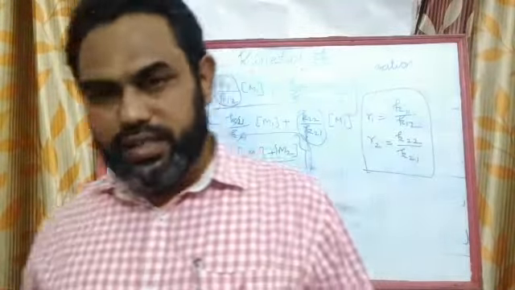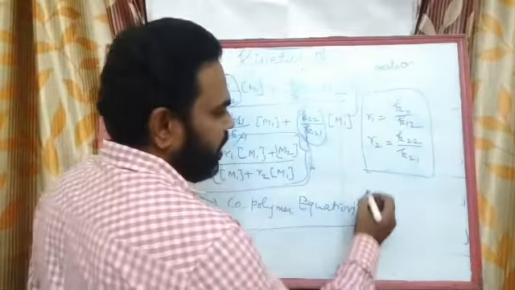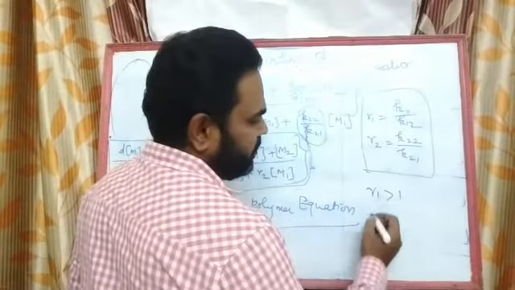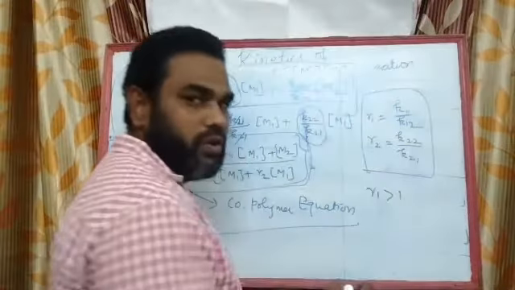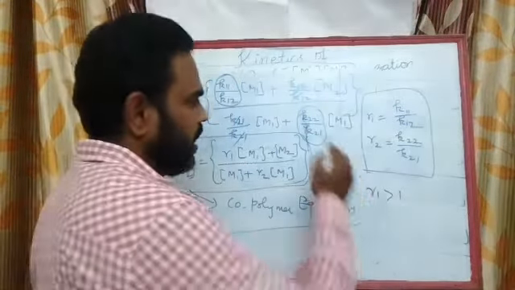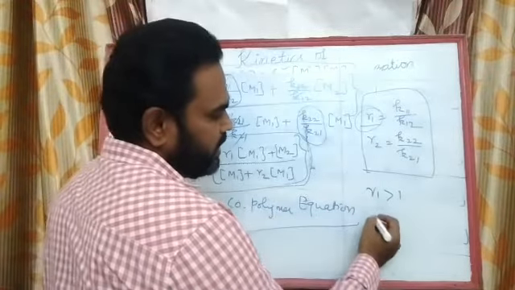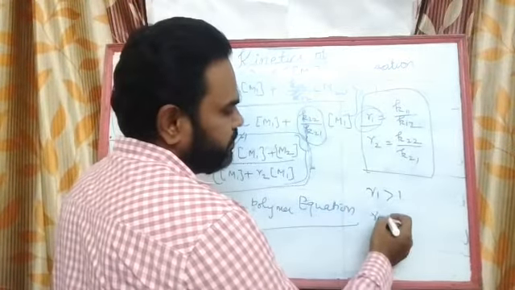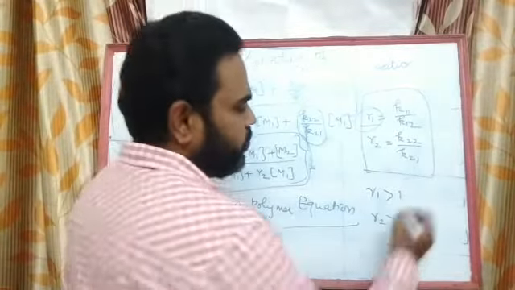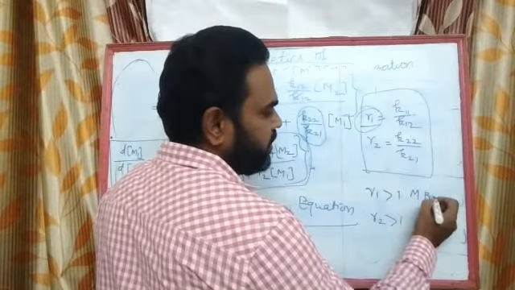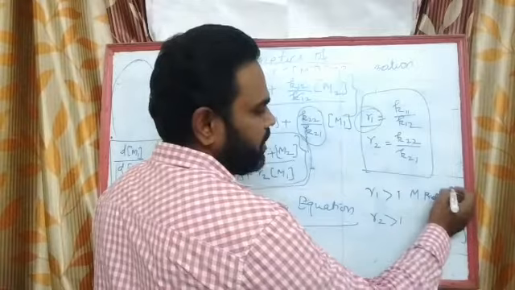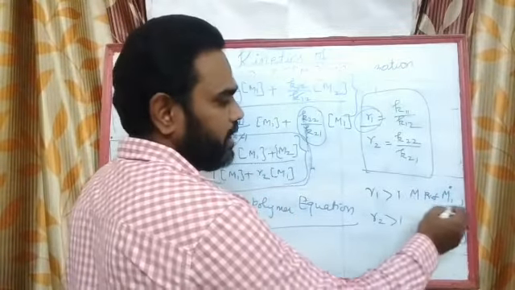When R1 is greater than 1, M1 dot prefers to add to another M1.